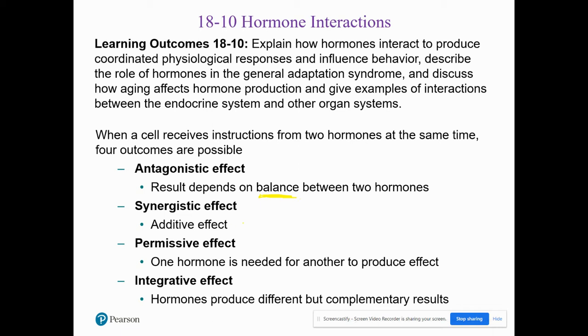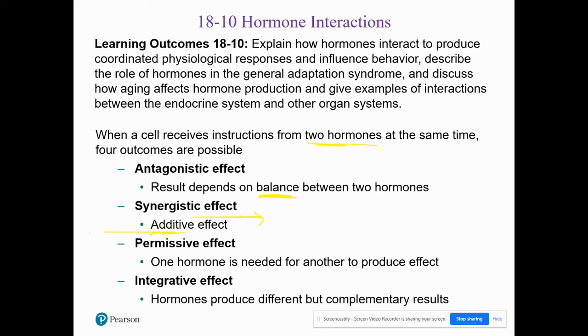Synergistic is an additive effect, so you have one helping another, because this is two or more hormones at a time. So in microbiology, the synergistic effect would be if you prescribe to your patient 2 antibiotics, and when they're combined, they're stronger. They have an additive effect.